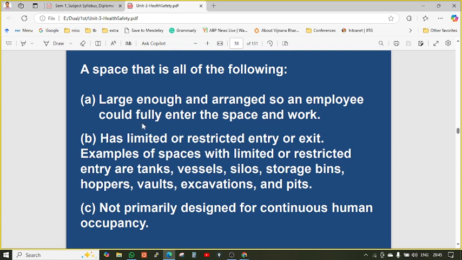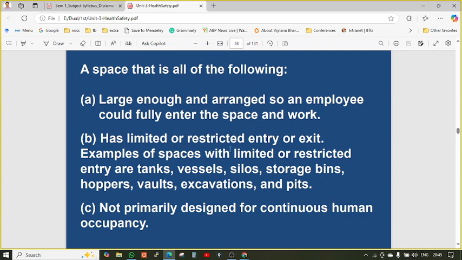The space where the person is working should be large enough to work, with limited restricted entry only, and only experienced persons may be allowed to enter a particular area. In industry you may see notices: experienced person only, no entry, strictly banned.